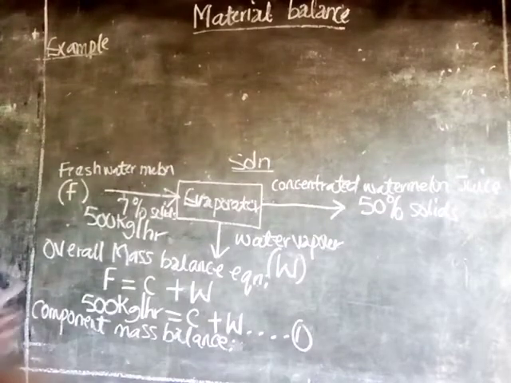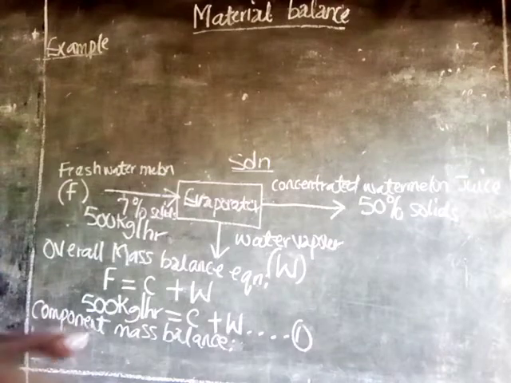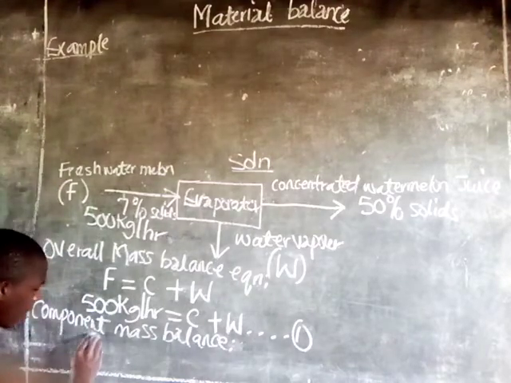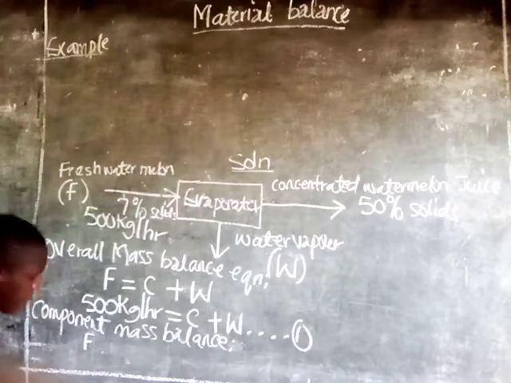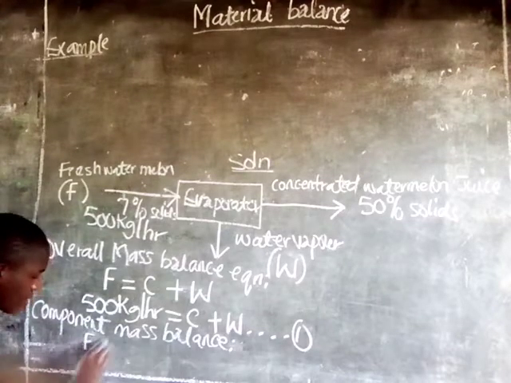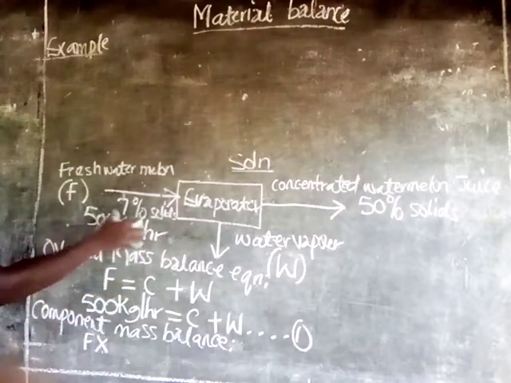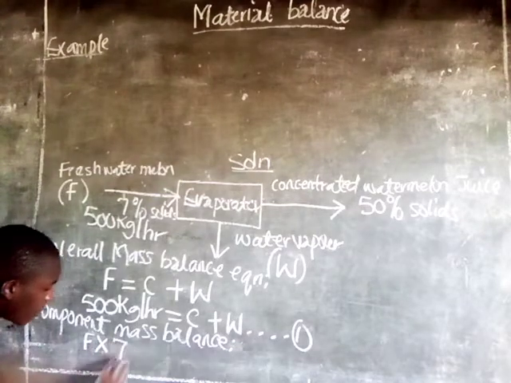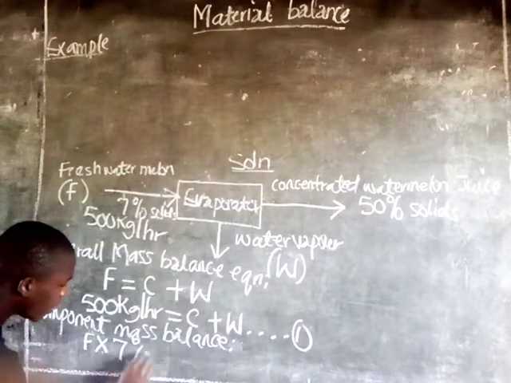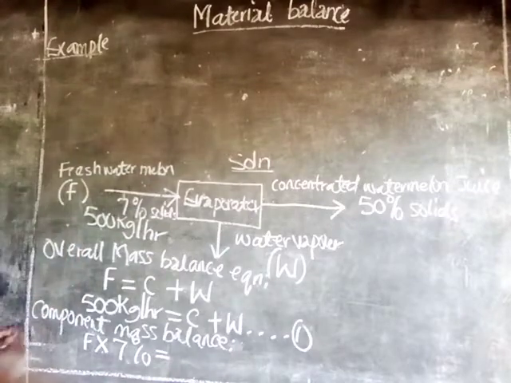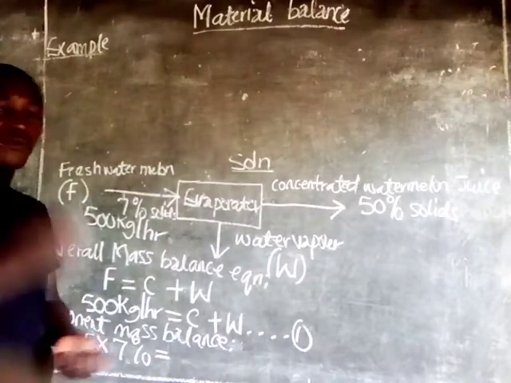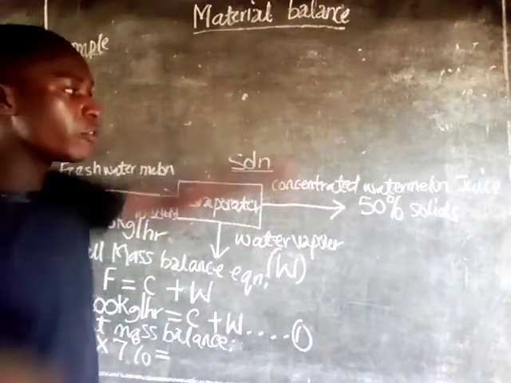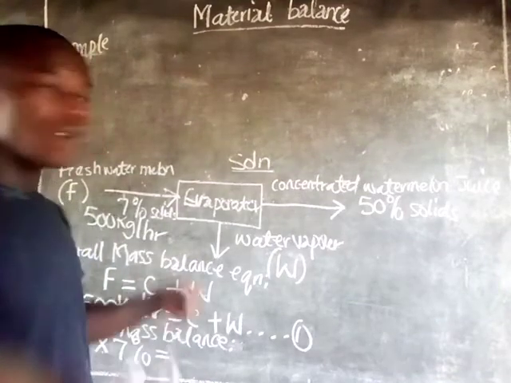Now our component mass balance equation is, we have F, the mass times the percentage it contains, and that is what? 7%, was equal to, now the question says that 50% concentrated watermelon juice was produced.